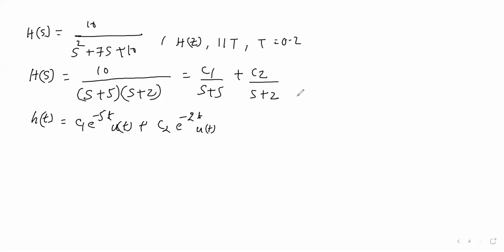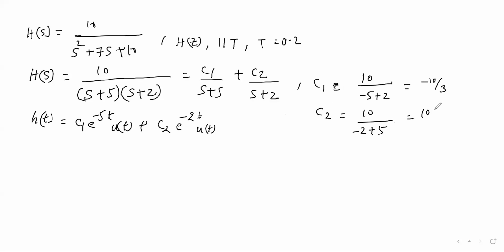What is C1? C1 is 10 by minus 5 plus 2, that is minus 10 by 3. What is C2? C2 is 10 by minus 2 plus 5, that is 10 by 3. This is the value of C1, C2.